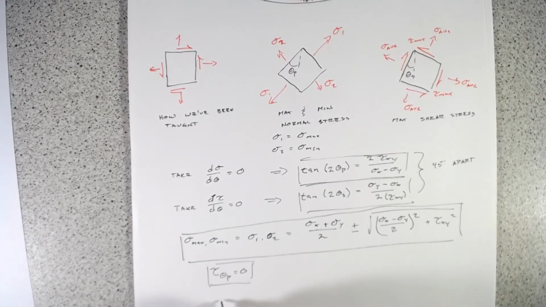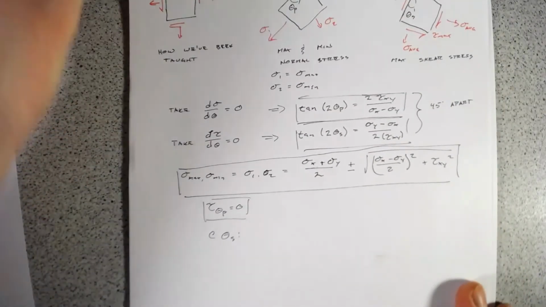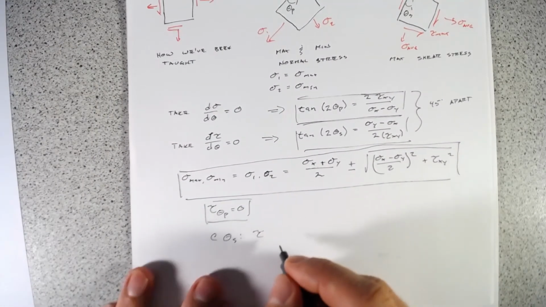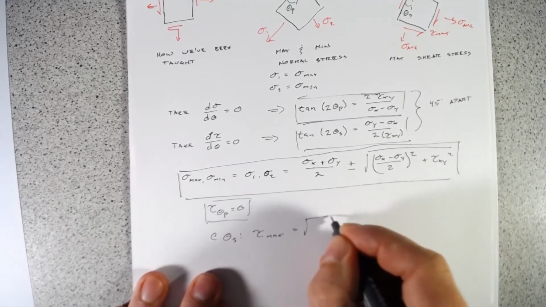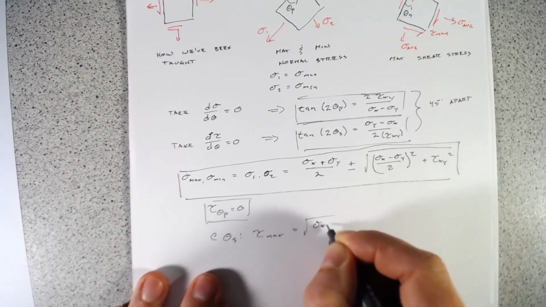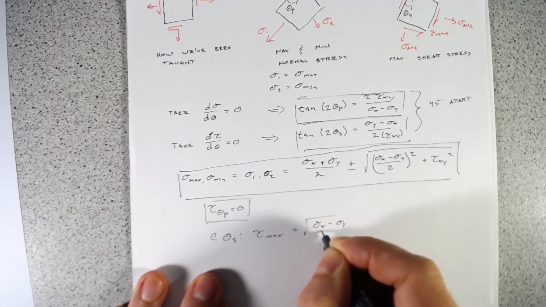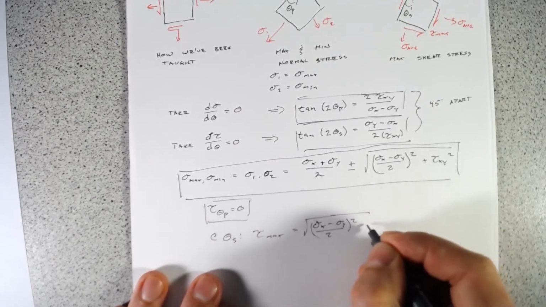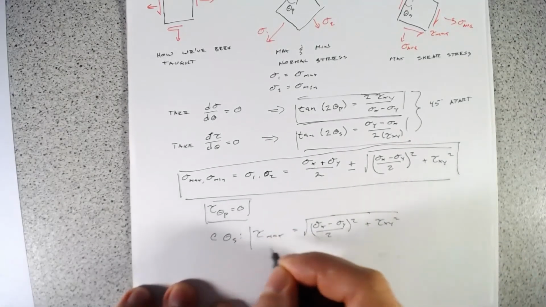Then we can also find out that at theta s, tau max equals the square root of sigma x minus sigma y over 2 squared plus tau xy squared.